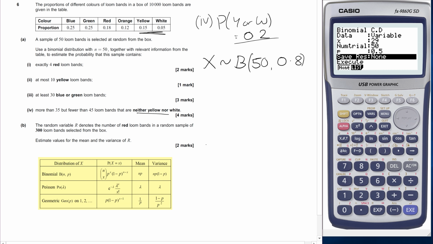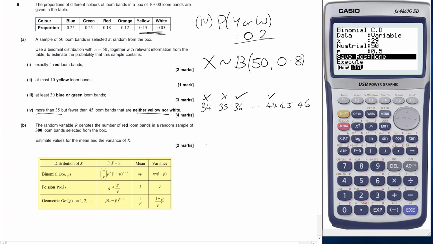We're then looking for more than 35 but fewer than 45. So again, critical values that we're looking for. So 34, 35, 36, all the way up to 44, 45, 46. So more than 35, not 34, not 35, more than 35. And fewer than 45.